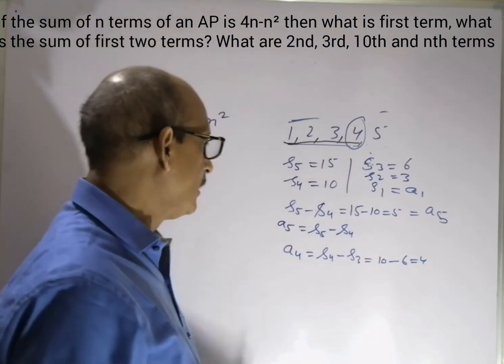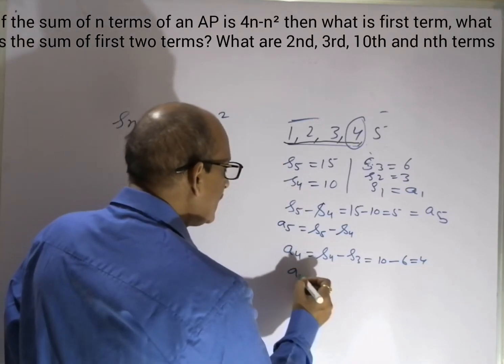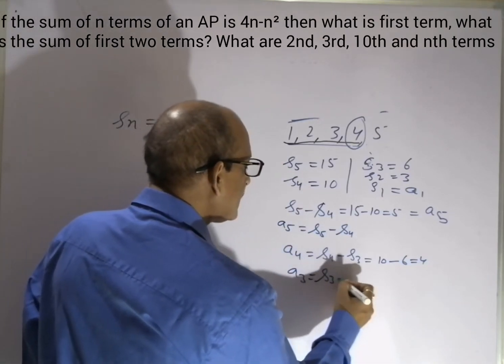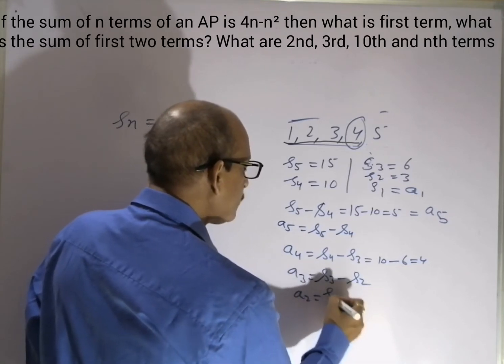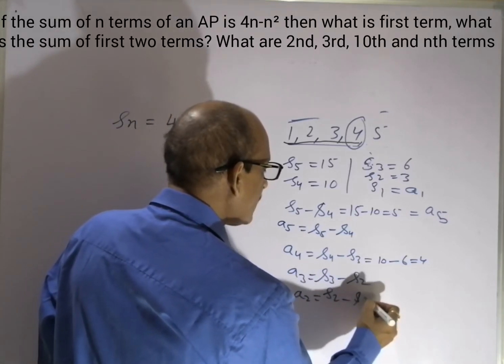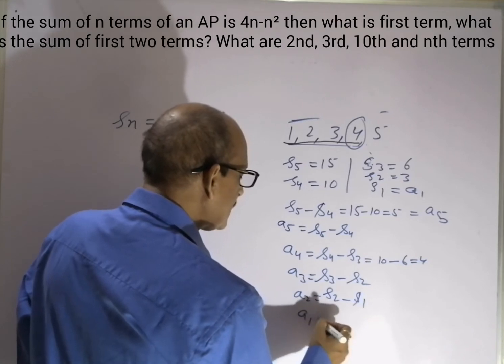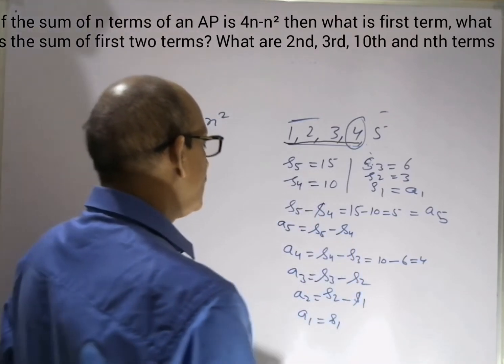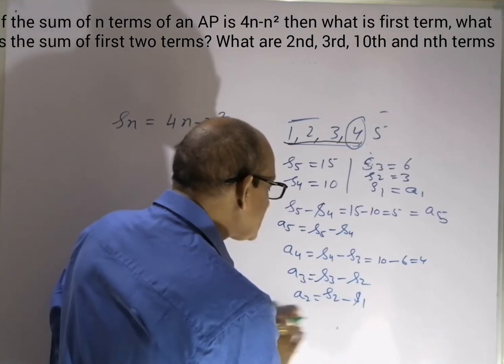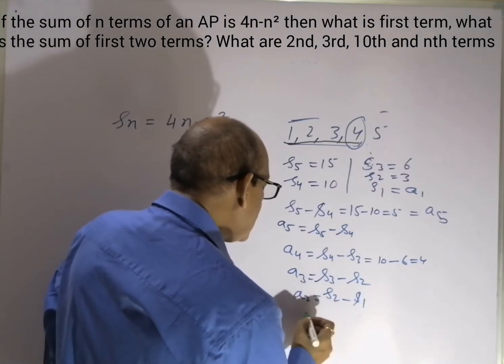All clear? Similarly, we can get A3, that is equal to S3 minus S2, and A2, that is equal to S2 minus S1, and A1 is equal to S1 itself. In the same way we can develop the formula. Just forget this last line.